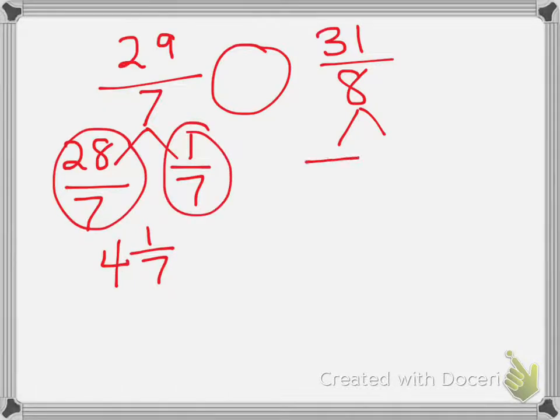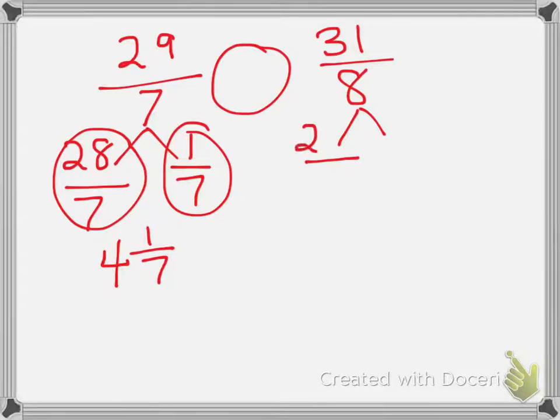Okay, how many copies of 8/8 can go into 31? Let's see, 8, 16, 24, and then 4/8 would bring me to 32, and that is too many.